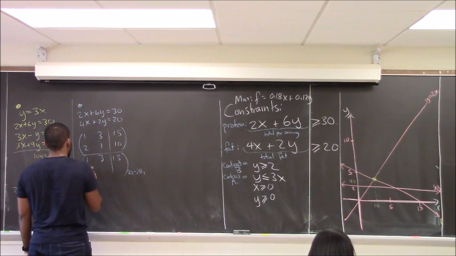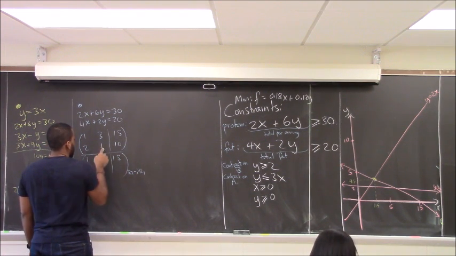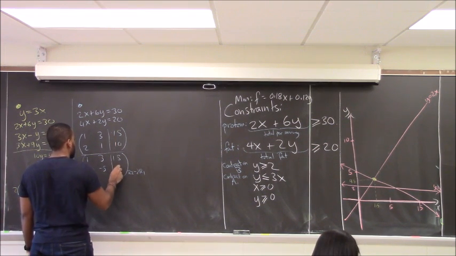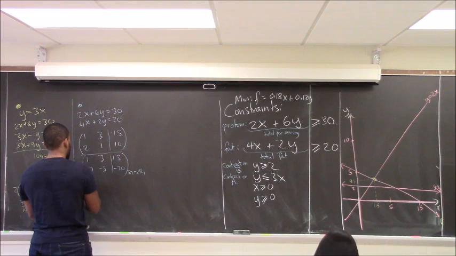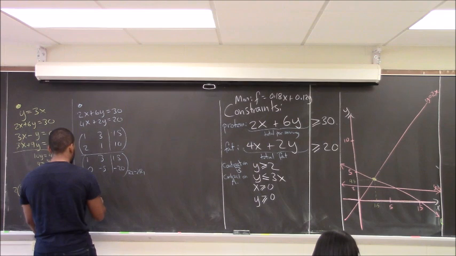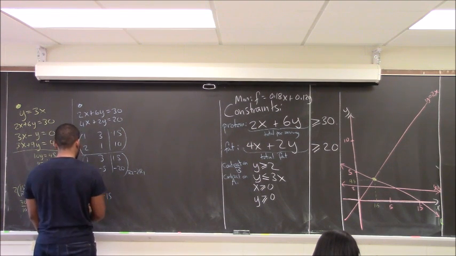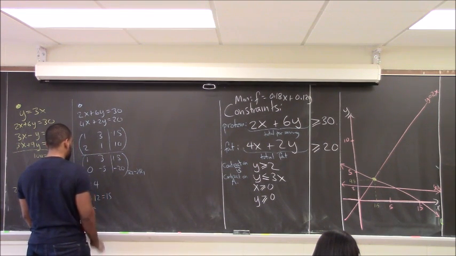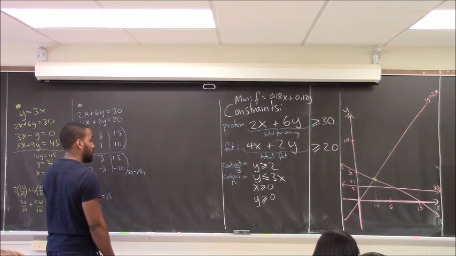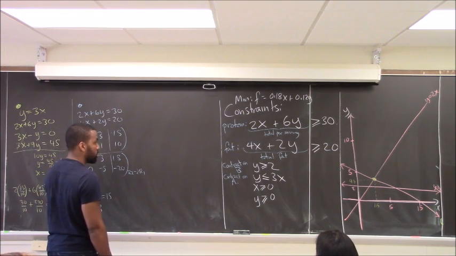That's going to be 0. This minus 2 times that is minus 5. 10 minus 30 is going to be minus 20. So our y will be 4. And our x plus 12 is going to be 15, so our x is going to be 3. So it actually cuts this one at a lower value.